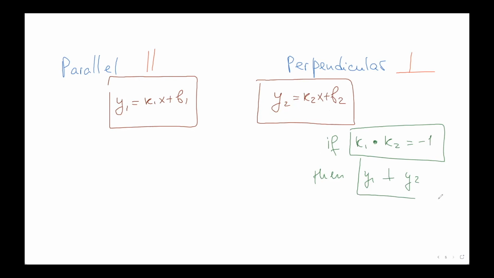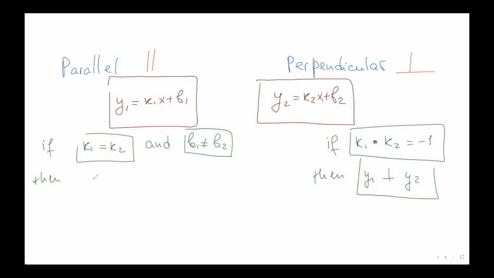That's all. But for parallel, we say if k1 is equal to k2 and b1 is not equal to b2. Look, you have to check both. If both work, then we say y1 is parallel to y2.